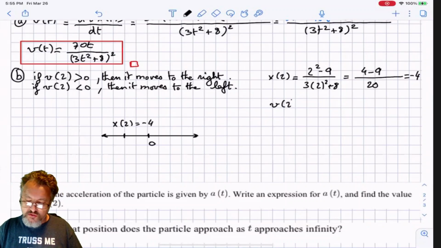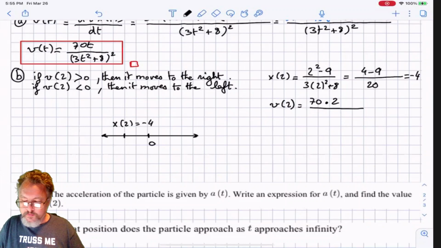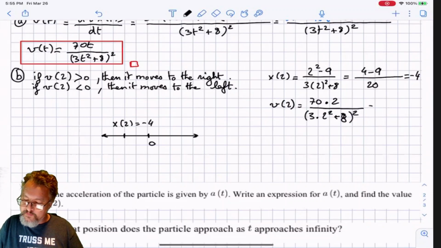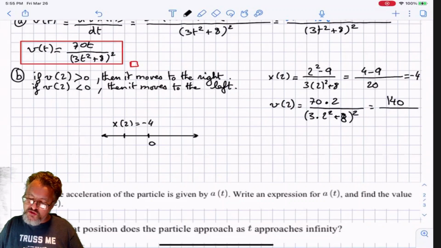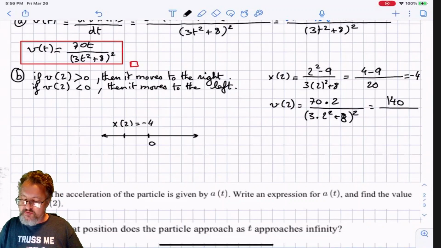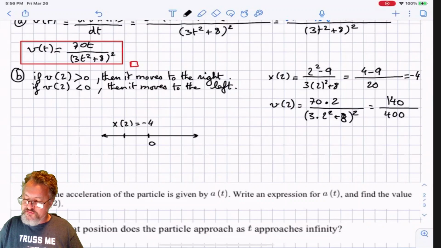And v at 2 is going to be equal to 70 times 2 over 3 times 2 squared plus 8 squared. It's going to be 140 divided by 2 squared is 4, 3 times 4 is 12, 12 plus 8 is 20, 20 squared is 400.